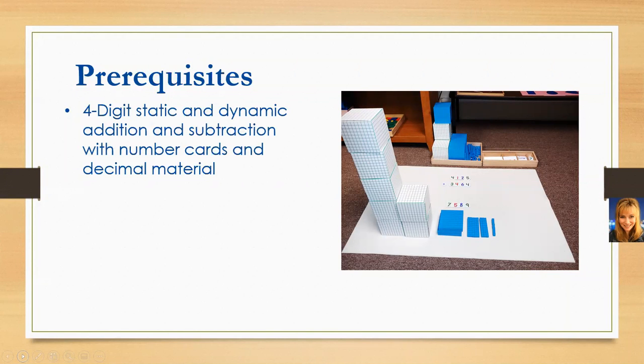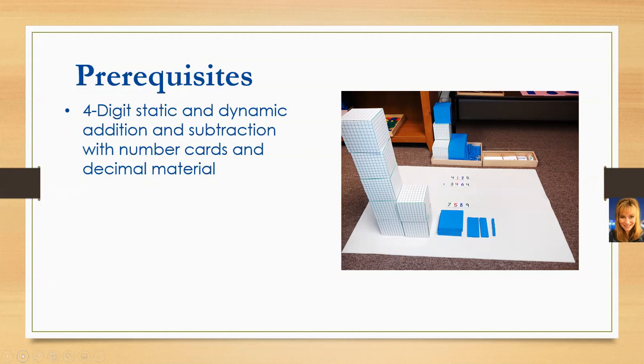So the prerequisites for using the number tiles, first off, is that the child is doing both 4-digit static as well as dynamic addition and subtraction with the number cards and decimal material. That's your absolute concrete representation of those concepts. So up to this point, they've been doing operations with very concrete materials such as the dice, the dominoes, colored strips, and of course, the place value number cards and decimal material.